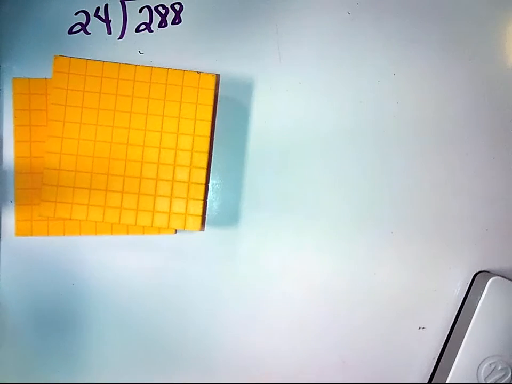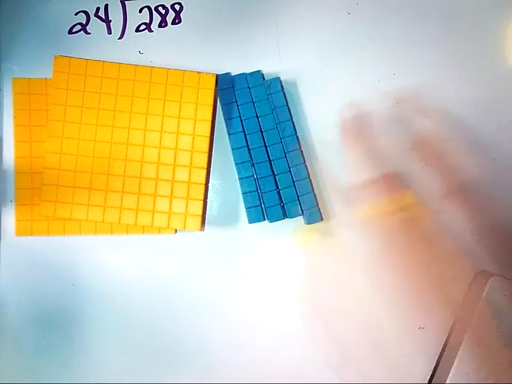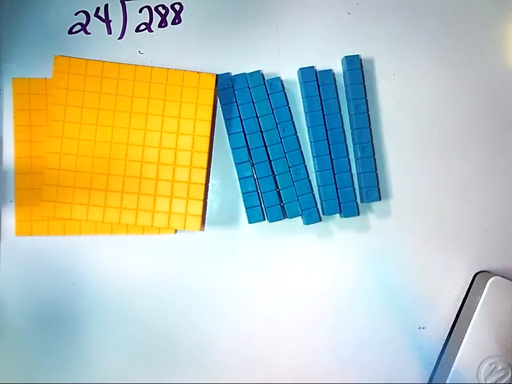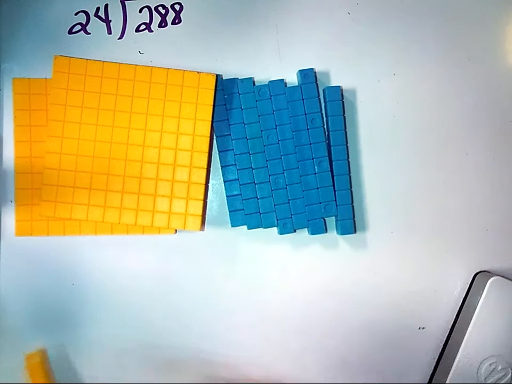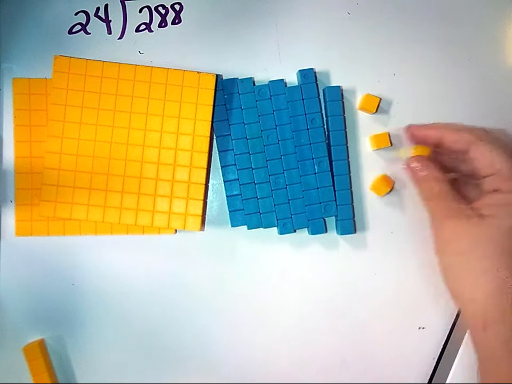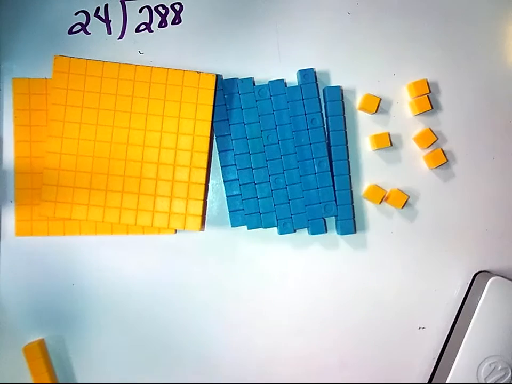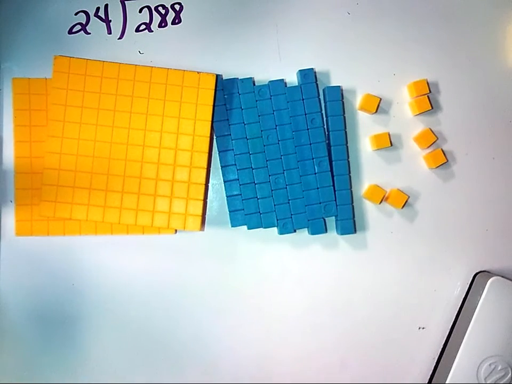There's 200. 80. 1, 2, 3, 4, 5, 6, 7, 8. And then 1, 2, 3, 4, 5, 6, 7, 8. Okay, so there's 288. That's our dividend. And then our divisor is 24.